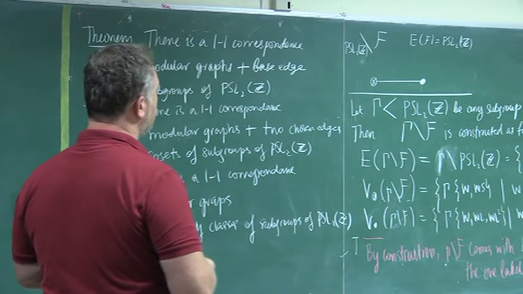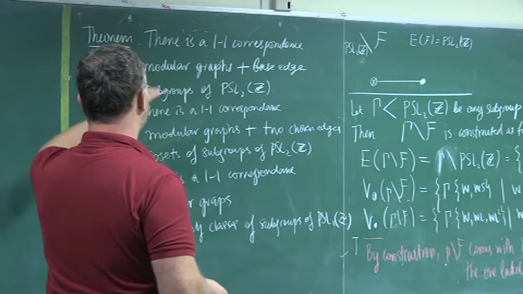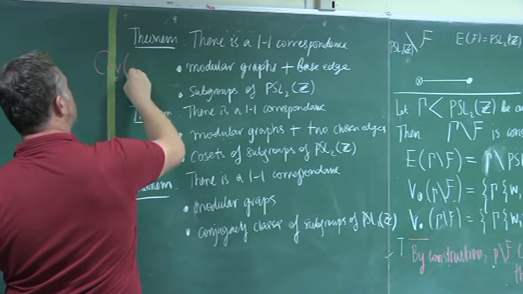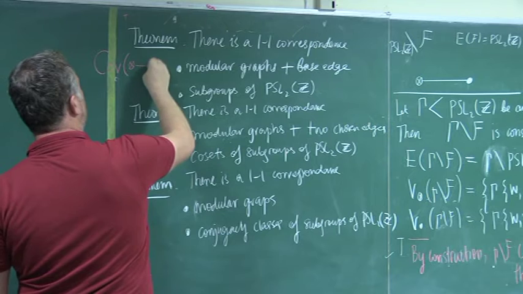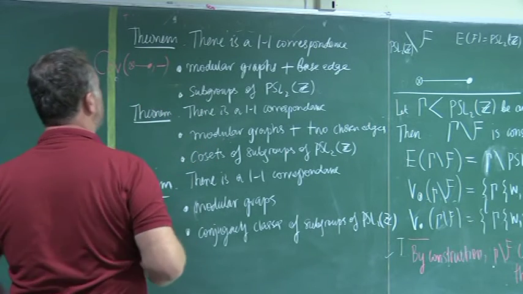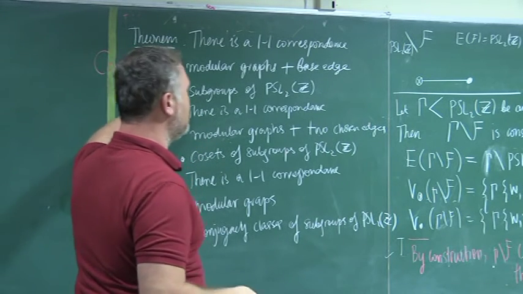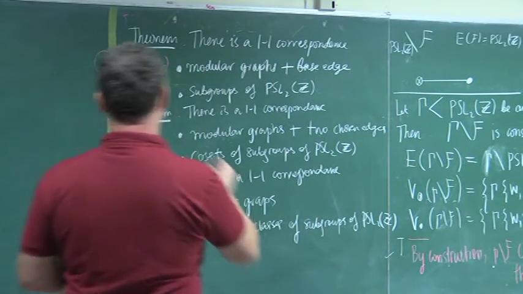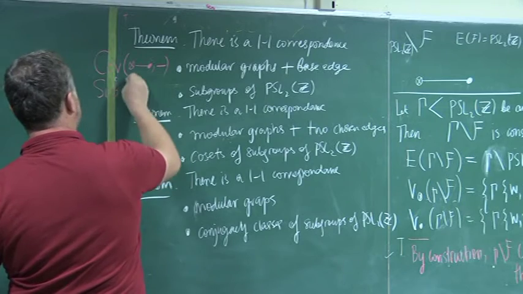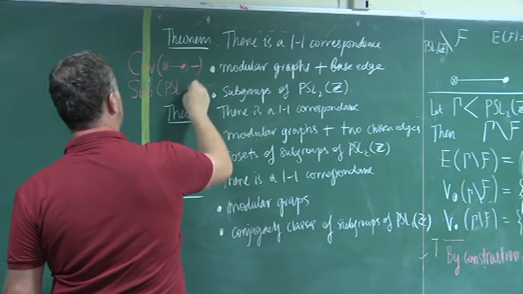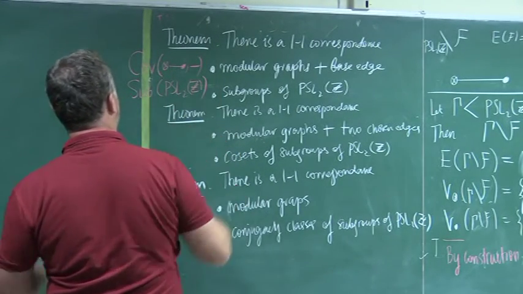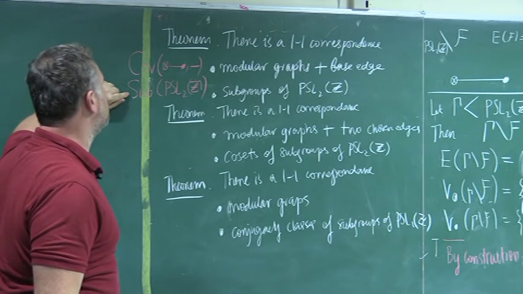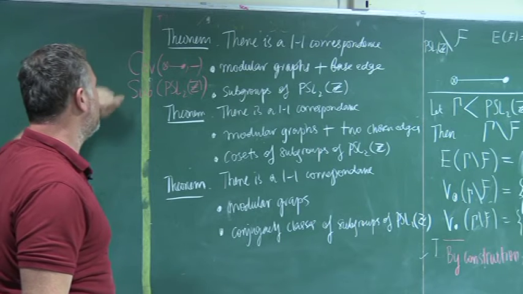Well, for some purposes, I like to denote this set of modular graphs as the category of coverings of the modular interval with base edge. So this is also a category. These are the coverings of this space, and this side I like to denote as subgroups of PSL2Z. So the first claim says that the coverings of the modular interval and the subgroups of the modular group are in one-to-one correspondence.